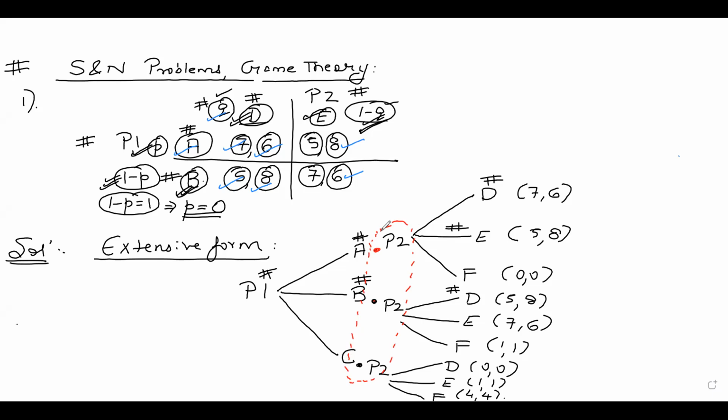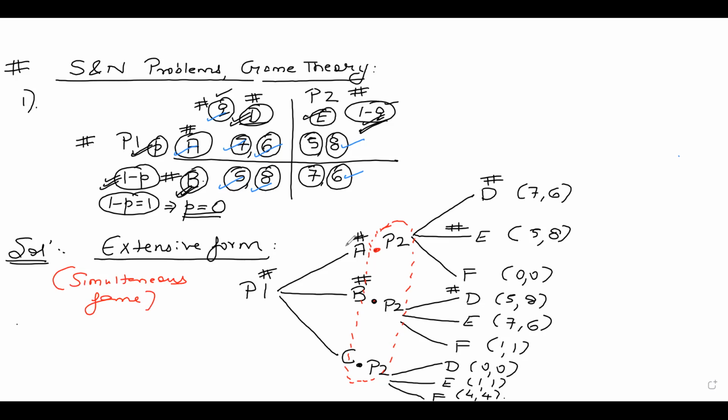If it was, I would not have drawn this dotted red line, with player 1 moving first and then player 2 moving. But since it's a simultaneous game, I have drawn the extensive form for the game played simultaneously between players 1 and 2.